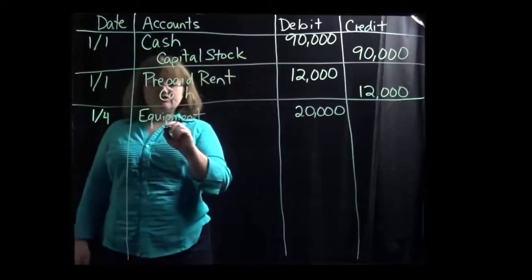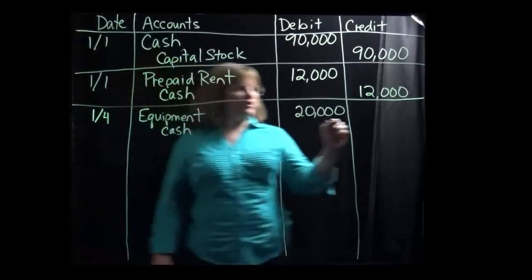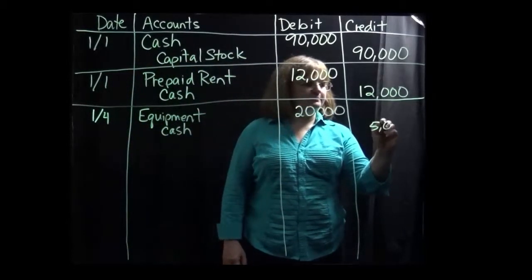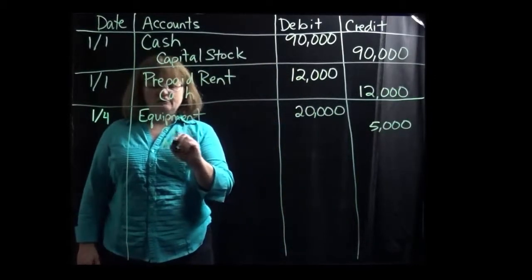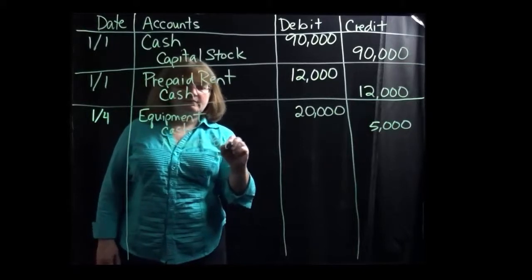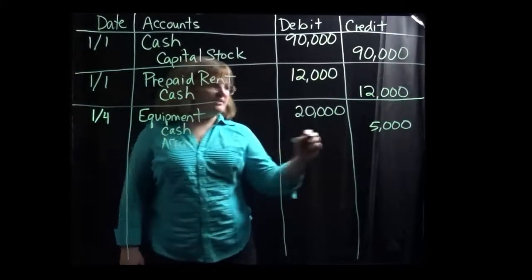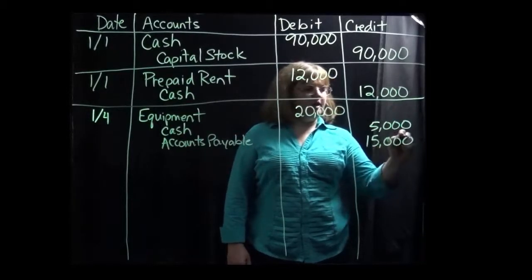Then our cash is going to decrease because we did have to pay some cash up front, and that's $5,000. And then the remaining is going to go to accounts payable as a credit, which increases the accounts payable account.